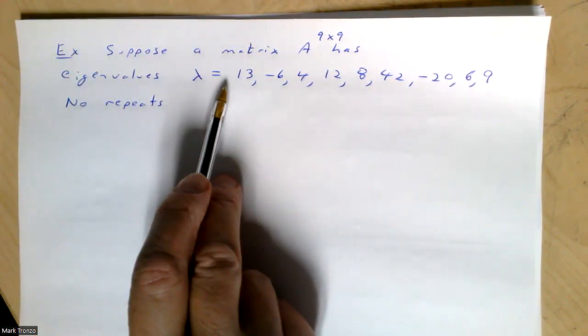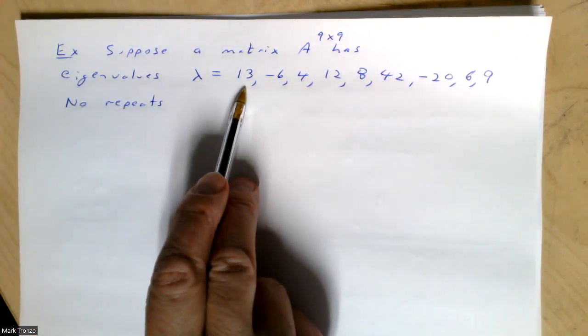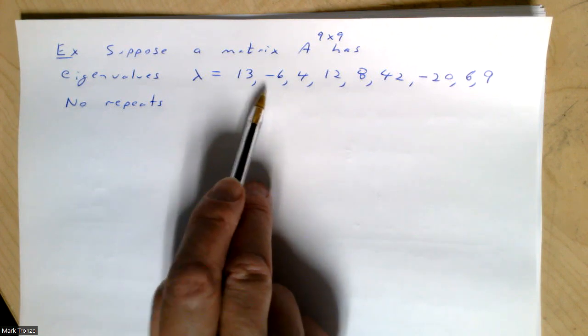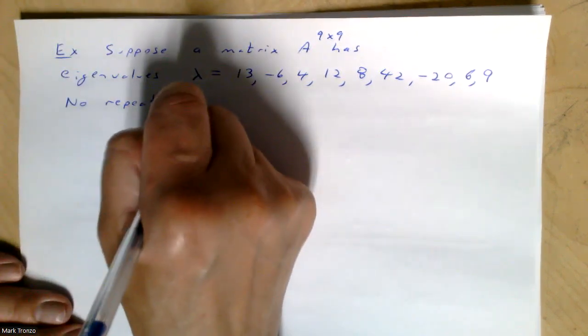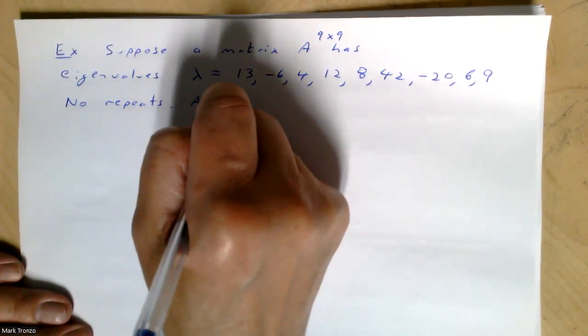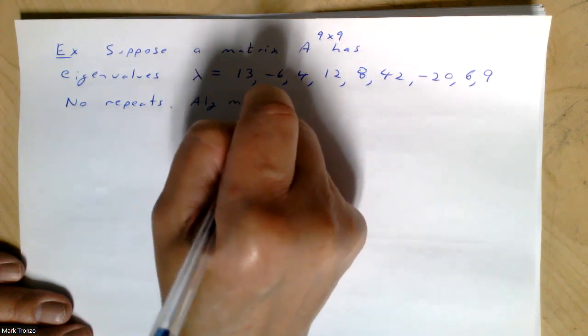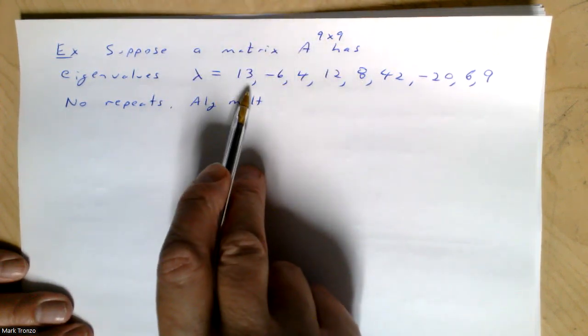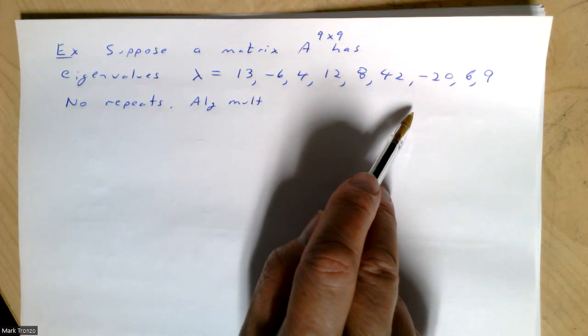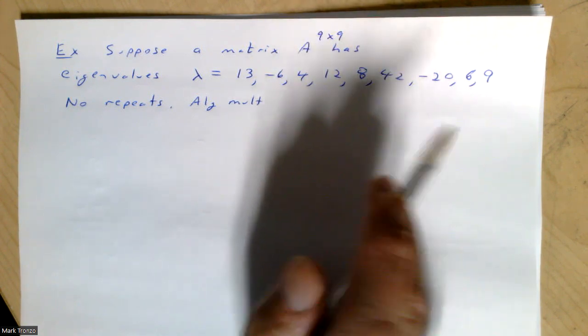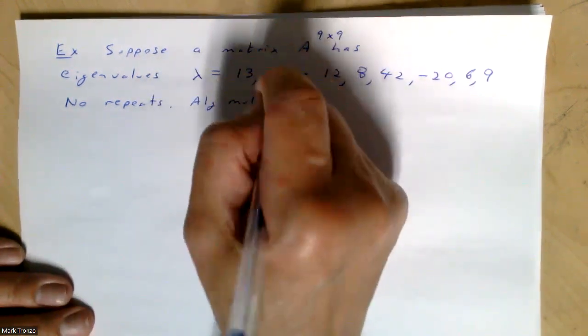So therefore, for each eigenvalue, the algebraic multiplicity is going to be 1. And the geometric multiplicity is going to be 1 for each one, so they're going to be equal.